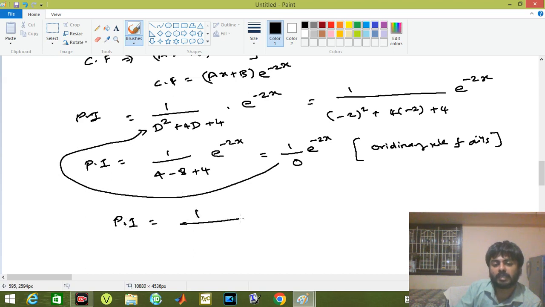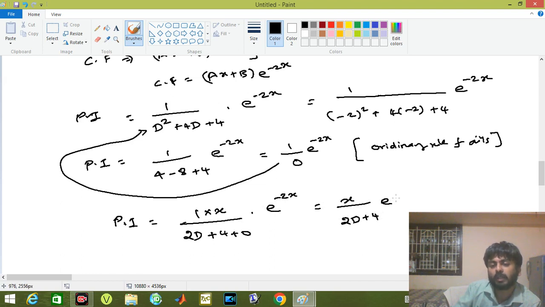Differentiating the denominator, this D square will become 2D, this 4D will become plus 4, and this 4 will become 0. And you have to multiply the numerator by x and write the same e power minus 2x. This is the procedure. So you will have x divided by (2D plus 4) into e power minus 2x.